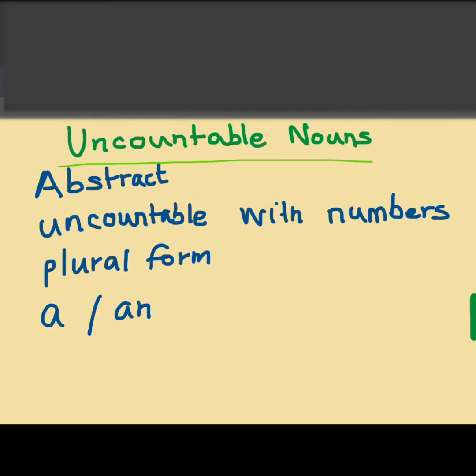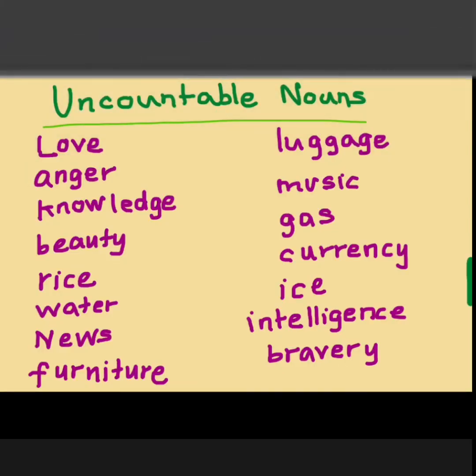Uncountable nouns. Uncountable nouns are nouns that we cannot count with numbers. They are abstract, usually do not have a plural form. We cannot use a or an with these sorts of nouns. Let's have a look at some examples of uncountable nouns.